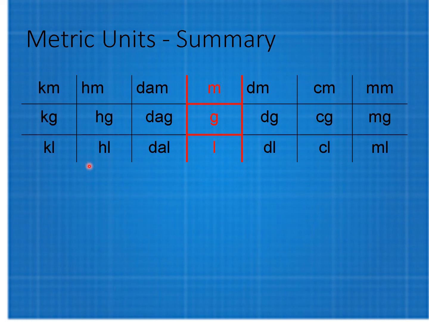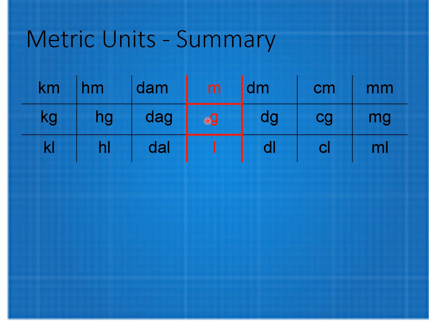Let's have now the summary for metric units. For the distance, or the length, the base unit is the meter. So we have the meter at the center, in the column with red borders. To the right, we have the units decimeter, centimeter, and millimeter. To the left, we have decameter, hectometer, and kilometer.